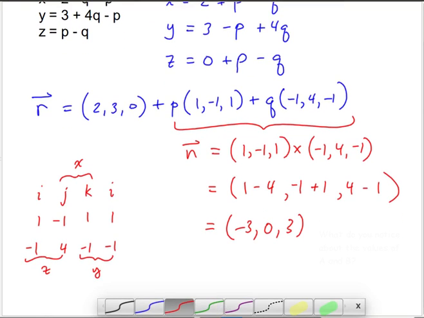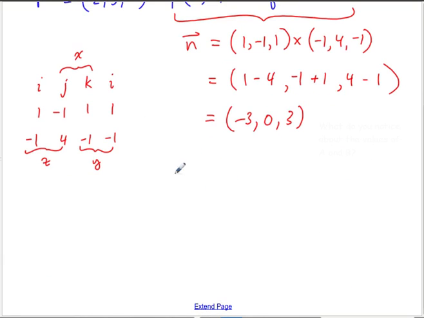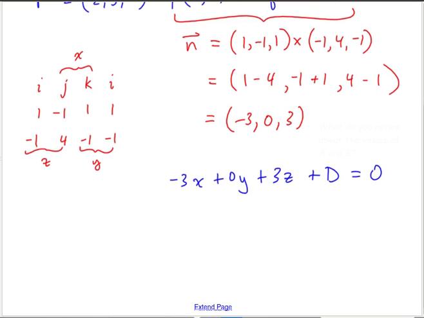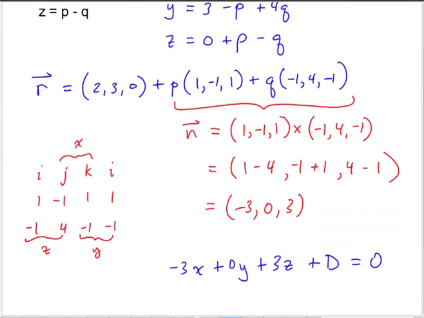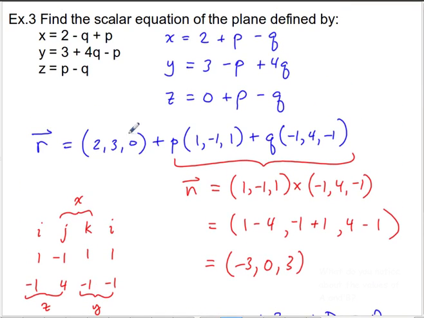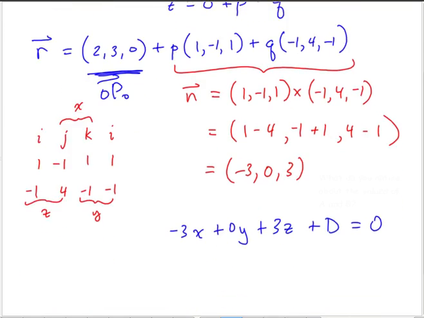From there, it's a fairly short step to now write negative 3x plus 0y plus 3z plus d is equal to 0. In order to find my value for d, I'm going to need to sub in a point. But do I know a point? Yes, I do. That's my vector to my initial point, but I can sub in that point.